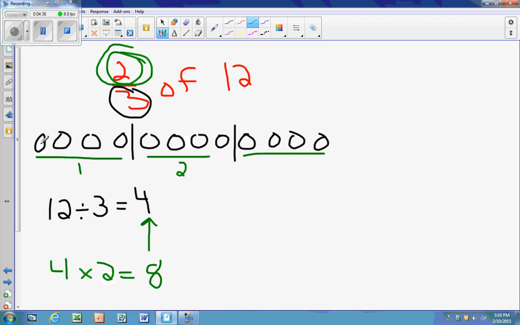And there's my 1, 2, 3, 4, 5, 6, 7, 8. So that's the way I can do it with the algorithm, is I can do my division, and then I take the quotient from my division sentence, and I multiply it times the numerator, which was 2, and I get my answer of 8.